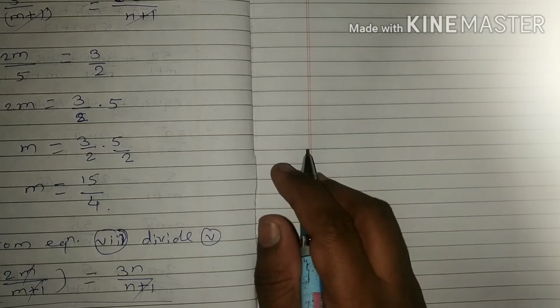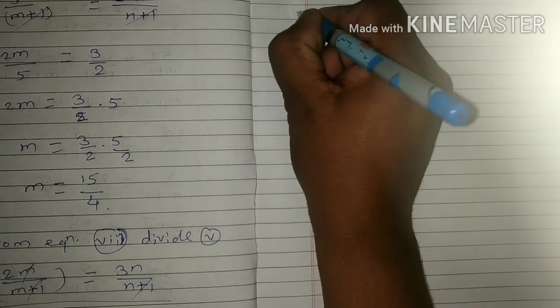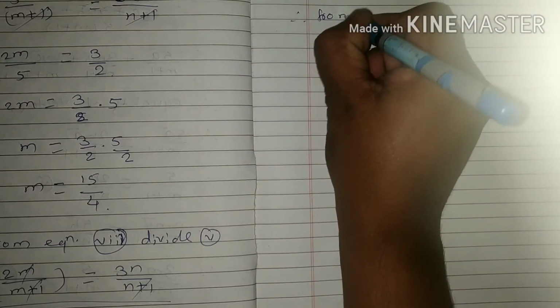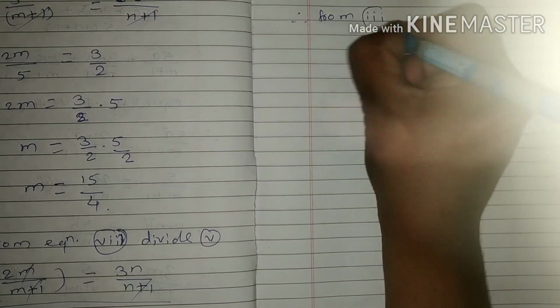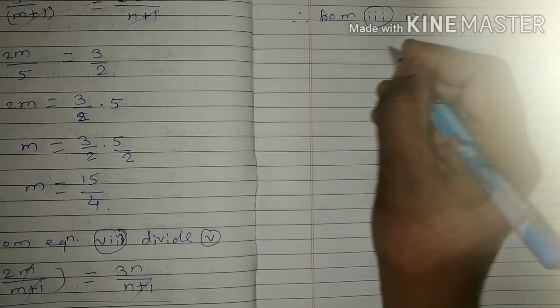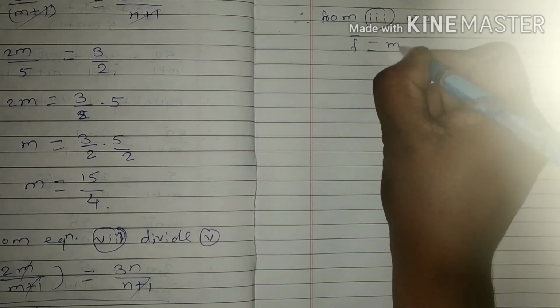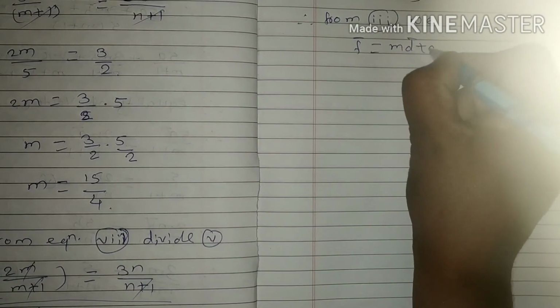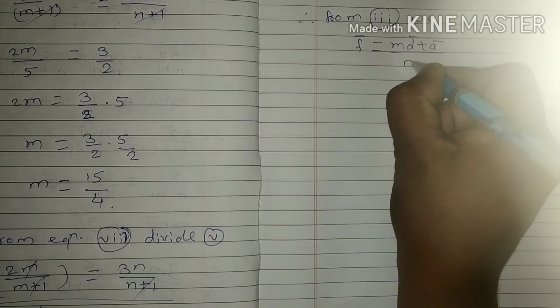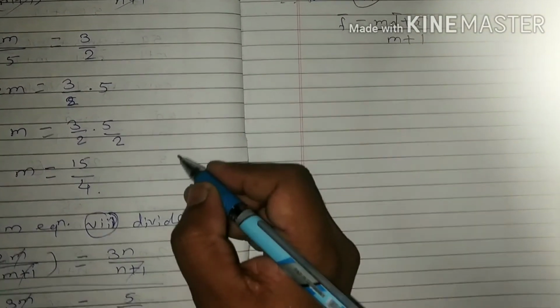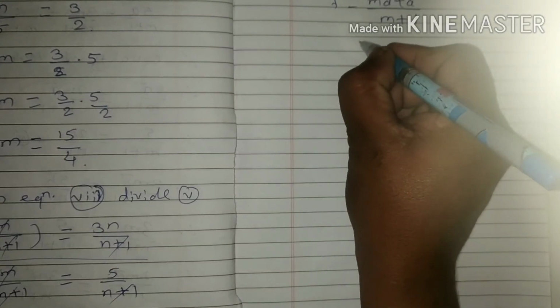Then we write from equation 3. Therefore, from equation 3, we write F bar is equal to (m D bar plus A bar) divided by m plus 1. Put the values here.